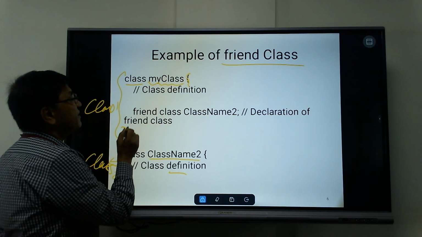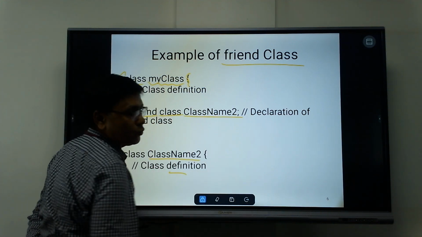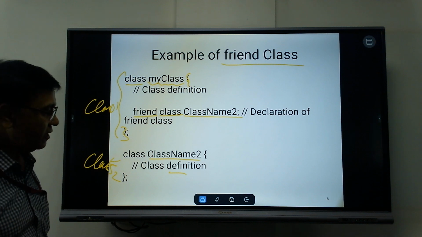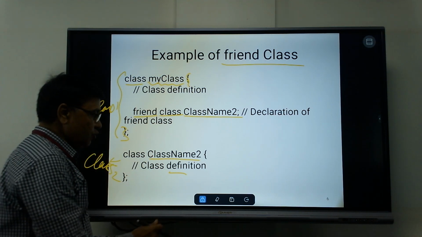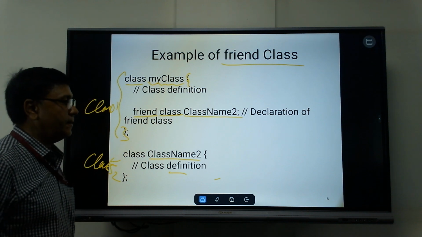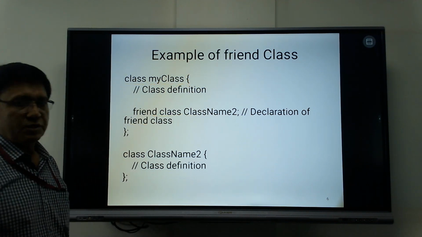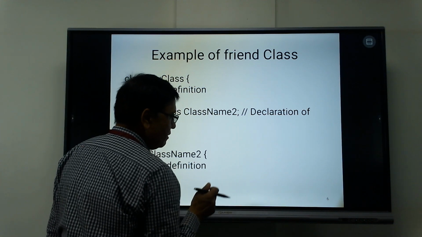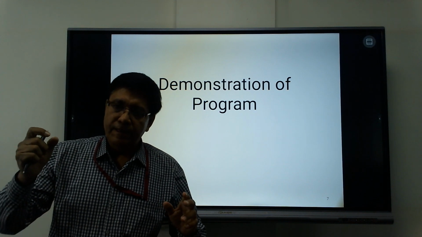So what I will write: friend class name 2. Now class name 2 is a friend of this class. Okay, this is the important thing which I have explained to you about how to use the friend function in C++.